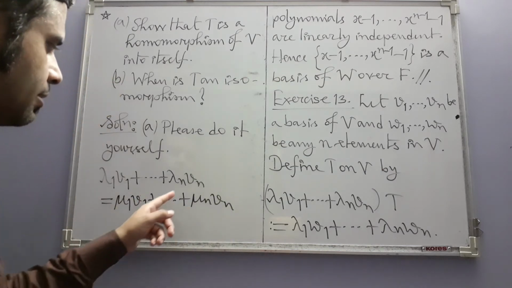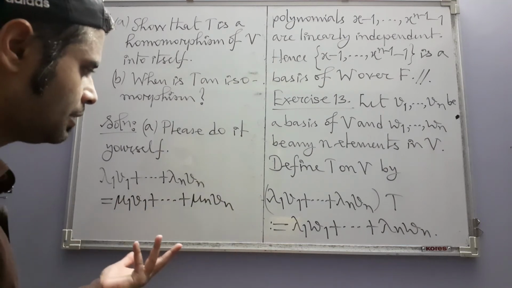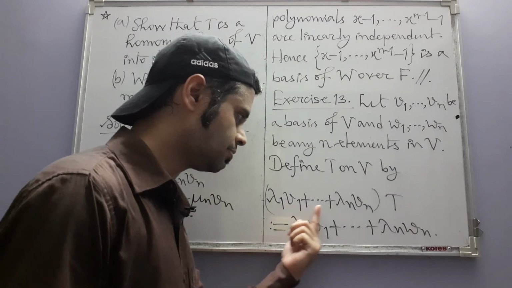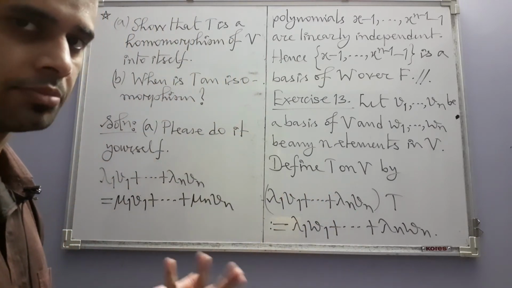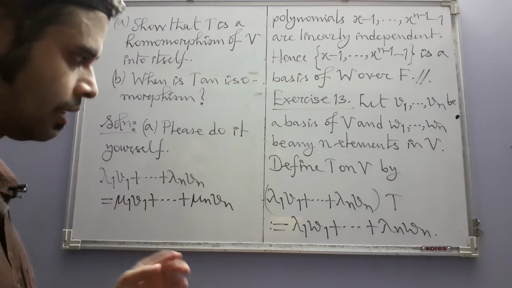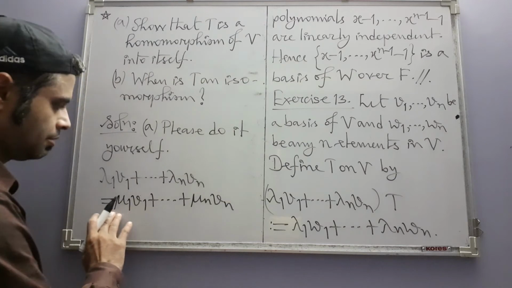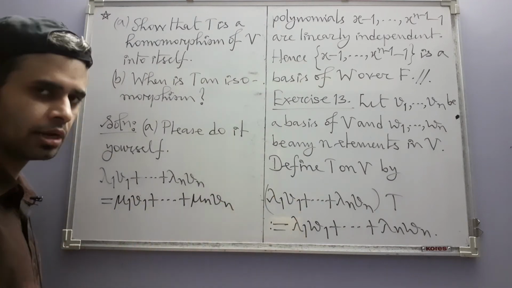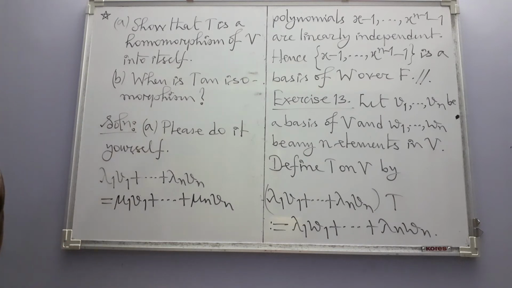You prove that their T values are also equal, and in proving this, the fact that these Vi's form a basis of V will be used. In particular, linear independence of the Vi's implies that T is well defined. That has to be used. This, however, I entirely leave to you.